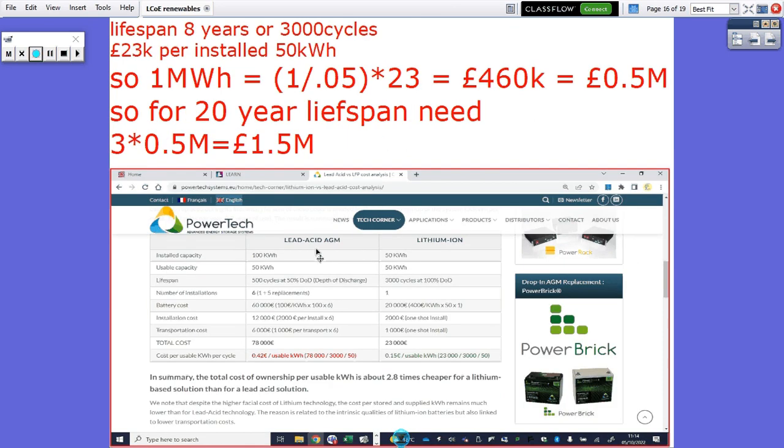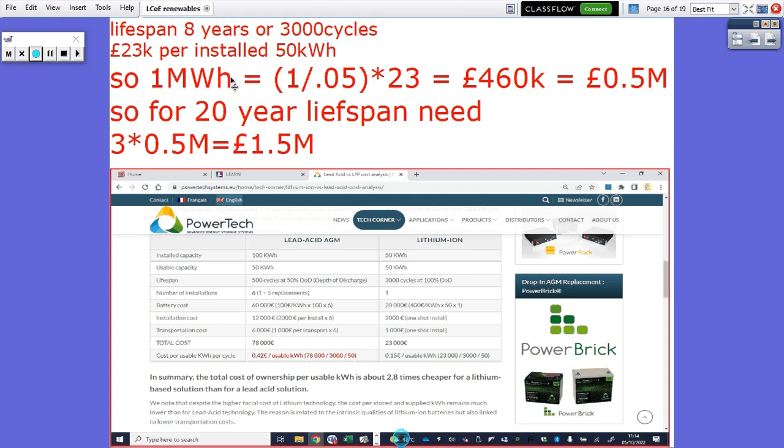If we do a comparison with lead acid and lithium, based on the current figures we can get off the internet, with a lifespan of 8 years, and taking the lithium ion batteries and scaling it up to our 1 megawatt hour battery storage requirements, then that battery installation to give you 1 megawatt hour delivery from batteries would cost £0.5 million.